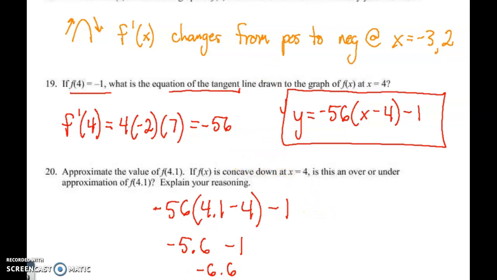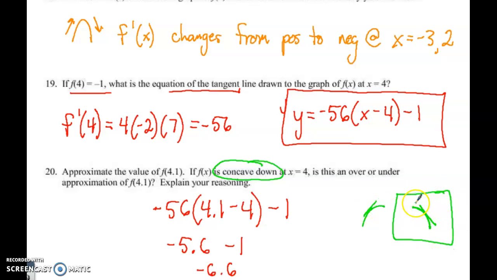And back to the clue, it tells you it's concave down. That means it's a downwards U. Okay, it might look like that, or it might look like this. Now the fact that it's a negative slope, that's a good indicator that it looks like this. Because if I had a tangent line over here, then it would be an increasing function. So this is probably more accurate.